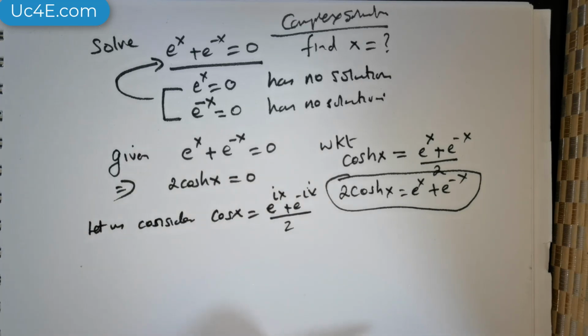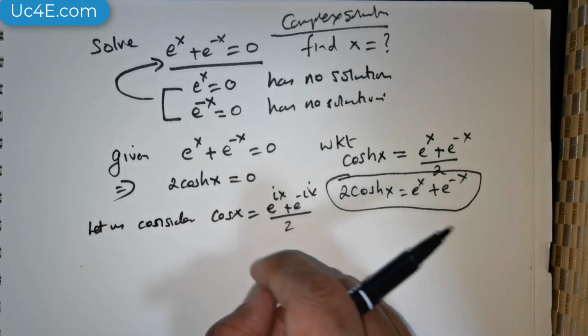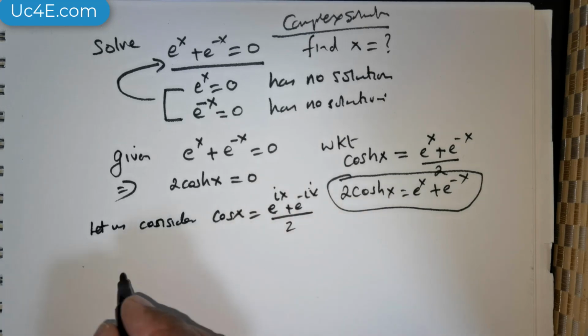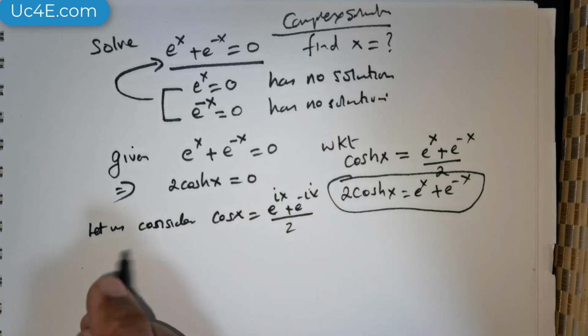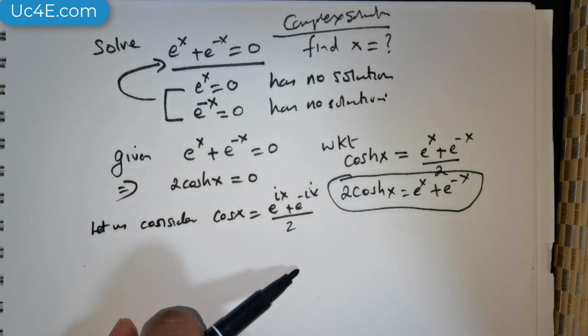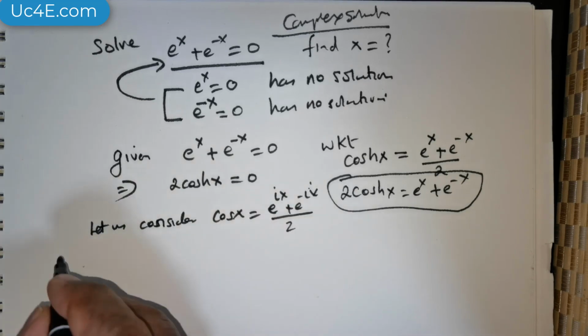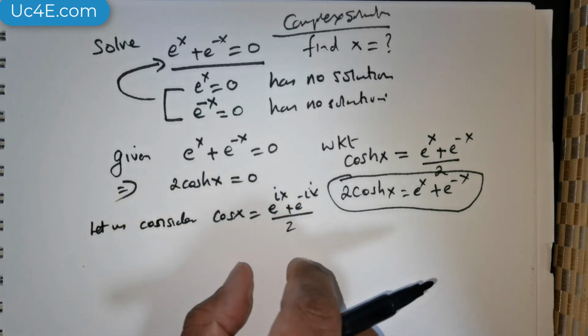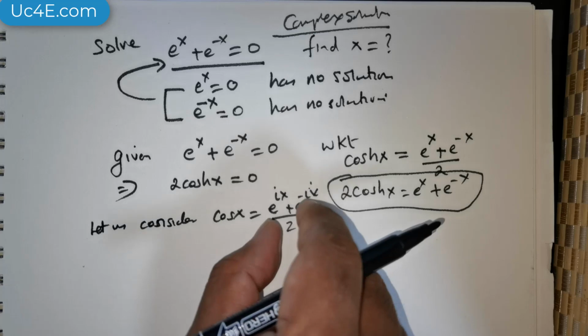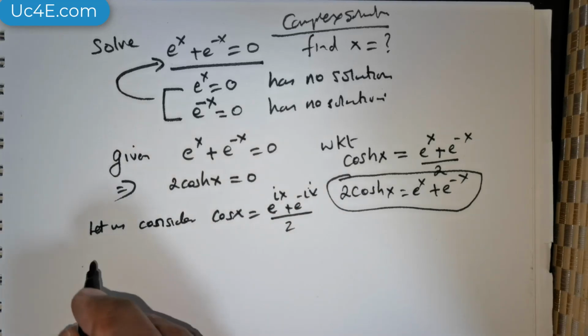Now you might be wondering, how on earth is it possible for us to write it in this fashion? Let me show you. This is not part of the exact problem, but just additional information for you all to understand how exactly we are getting this to be equal to this.